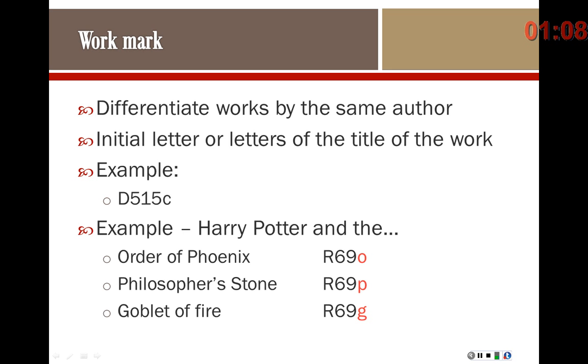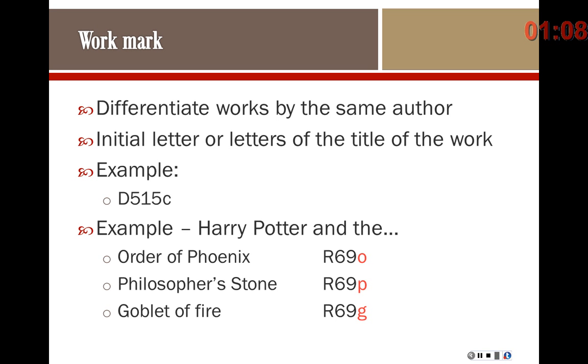Okay, so our example is Harry Potter and the. So Rowling wrote 5, 6, 7 books. Sorry, don't know them all. In the Harry Potter series. And she started all of them with the title Harry Potter and the whatever: Sorcerer's Stone, Philosopher's Stone, Order of Phoenix, Goblet of Fire.